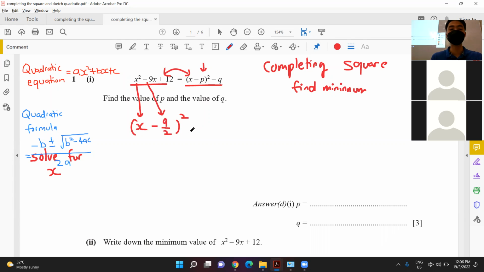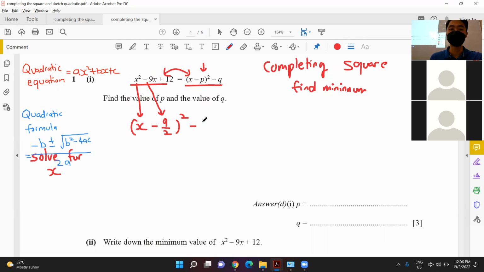Now, the next thing is, the symbol inside the bracket follows the symbol up here. But regardless of what you put inside, outside the bracket will always be negative, minus.